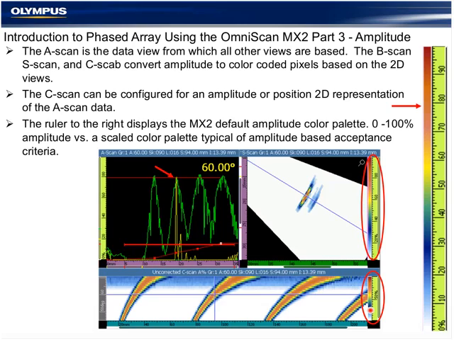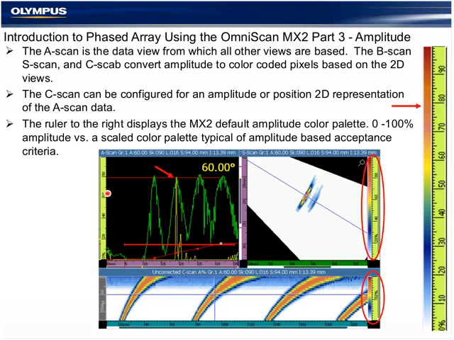I can tell by the color of something in the C scan, B scan, or D scan what its amplitude is. And these color palettes are designed specifically for ASME type amplitude drop sizing, meaning that I can see a very clear break at 6 dB here and at 3 dB here.